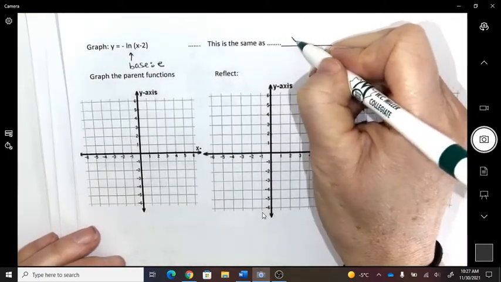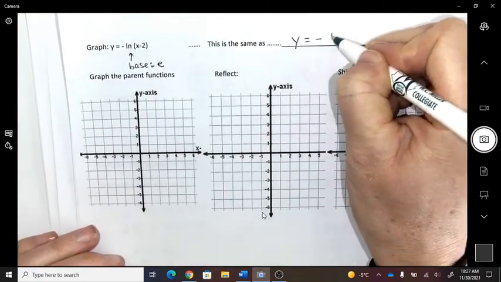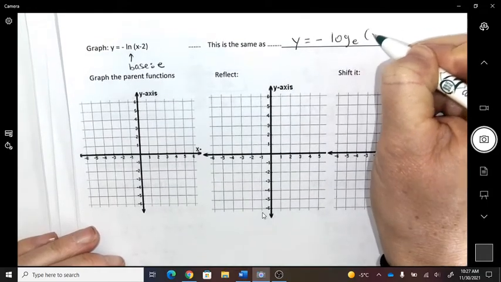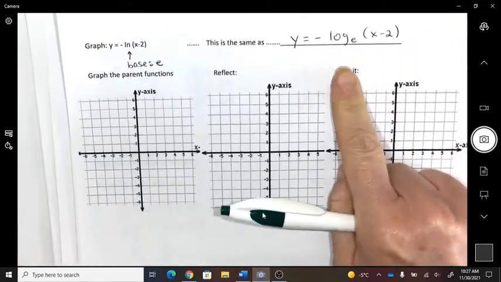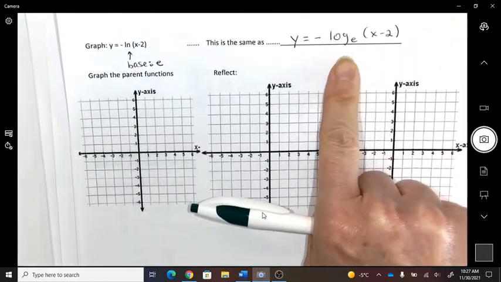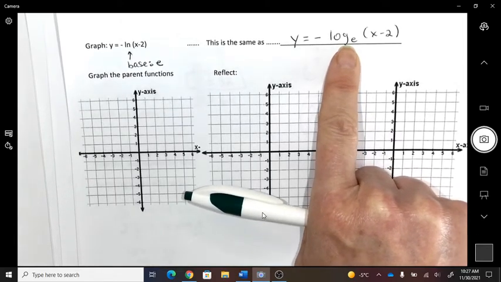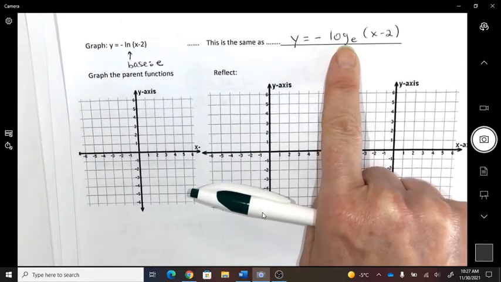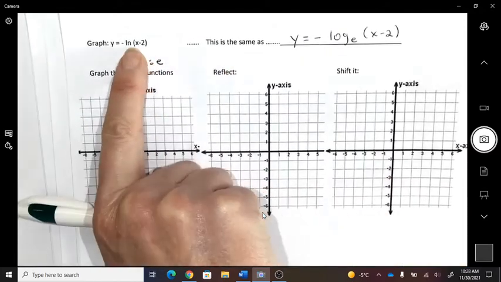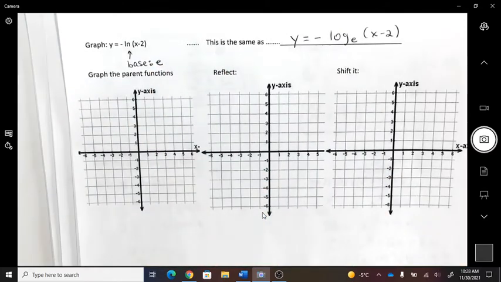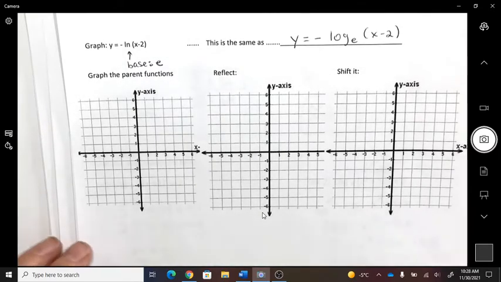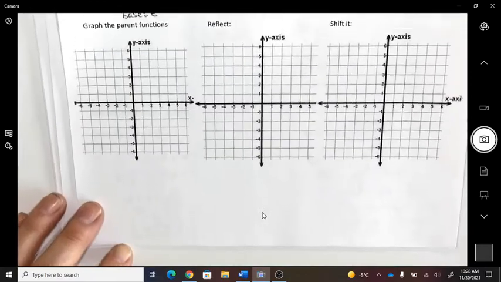Okay, so it's the same idea. The log base e is the natural log. All right, so let's get a few points here to start.